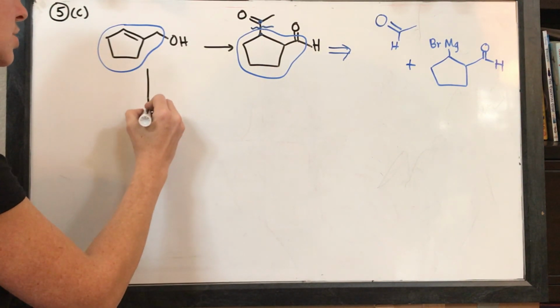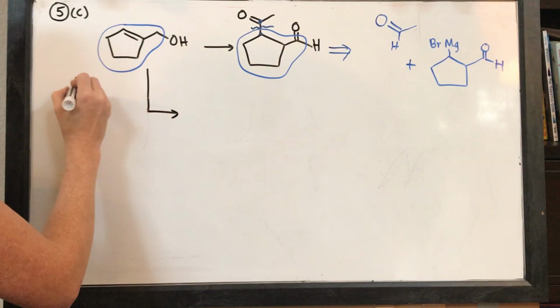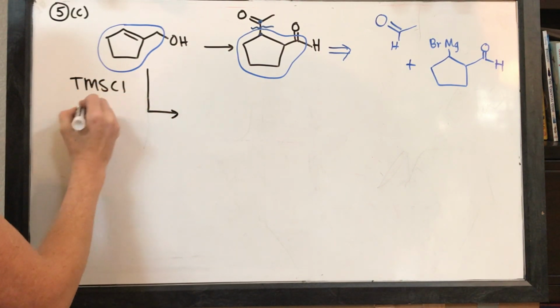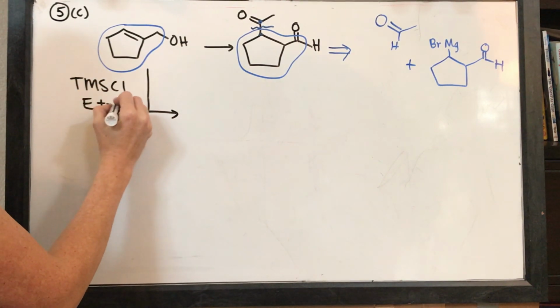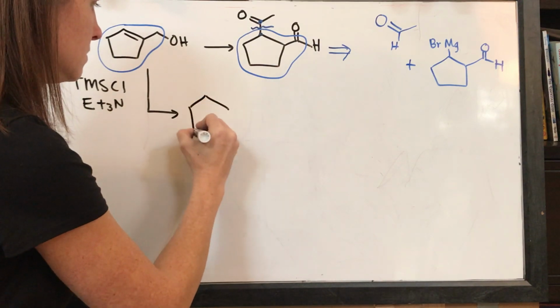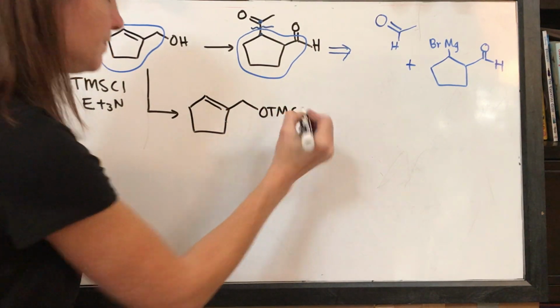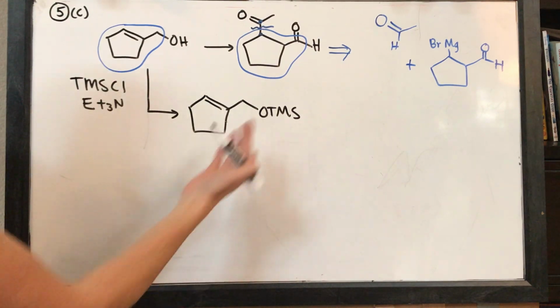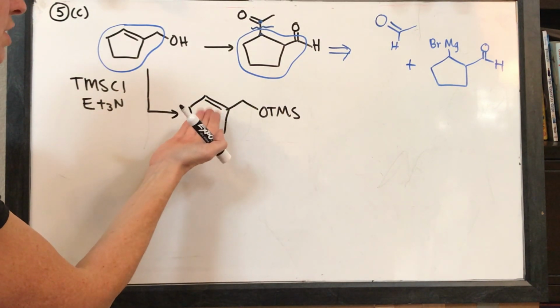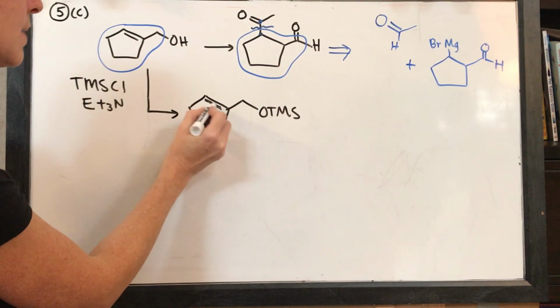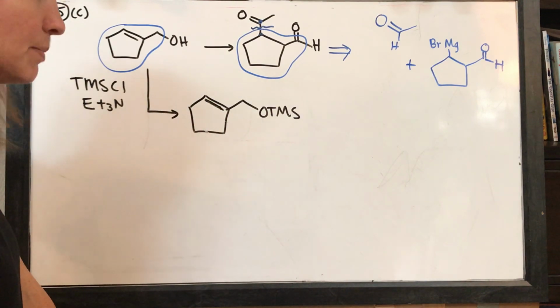So the first thing I'm going to do is to protect my alcohol. So TMS chloride with a little triethylamine. That's going to turn my OH into an O-TMS group. Now I can think about turning this into a Grignard reagent. And right now I have a double bond here. So I have to think about all the things I can add across a double bond.